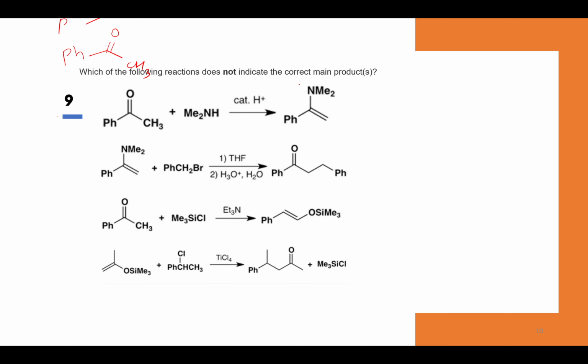Here, what is this product? We have discussed it in the previous question, just now we discussed enamine, right? It is an enamine. So here, this lone pair will attack here. It will open up.